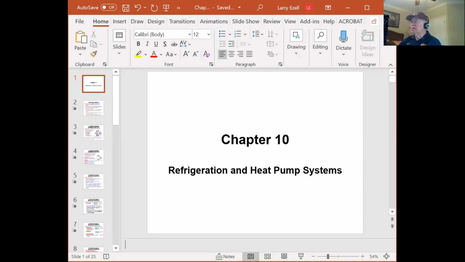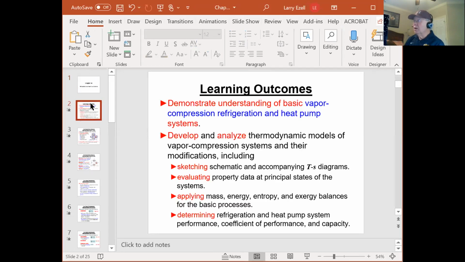So the learning outcomes here, and I'm sorry, I'm going to be reading to you a good bit, but I want you to learn how to analyze a refrigeration or air conditioning system. Also how to analyze a heat pump, how to make the calculations, how to draw the TS diagram, and from the TS diagram and the given conditions at the different states, to be able to look up the enthalpies.